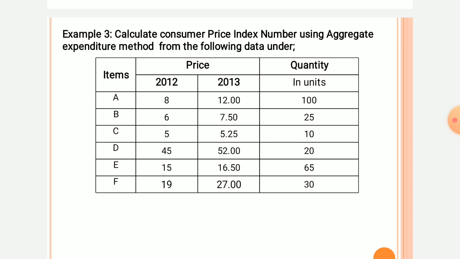Items A to F are given, with price in 2012, the base year, as P0, and price in 2013, the current year, as P1, and the base year quantity in units, Q0, are given.